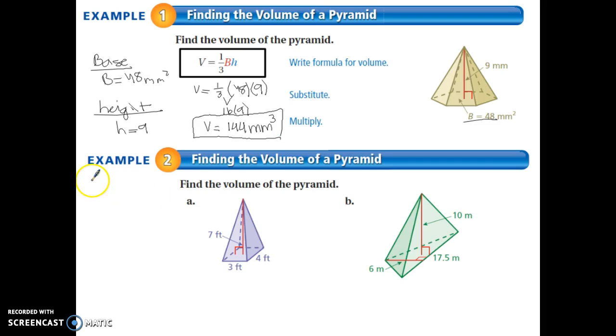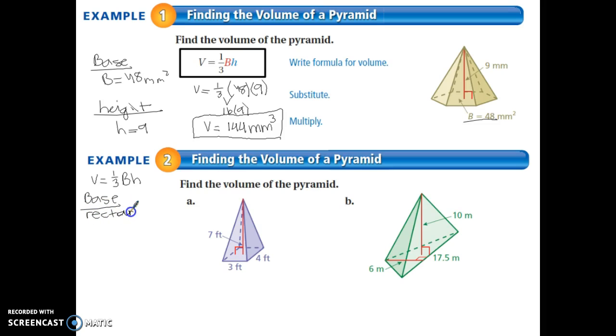Example 2. First thing I'm going to do is write down my formula. V equals 1/3 of the base times the height. First thing I'm going to do is start off by finding the base of my pyramid. My base is a rectangle.